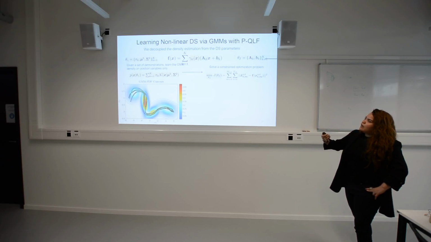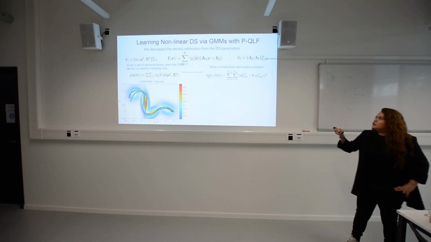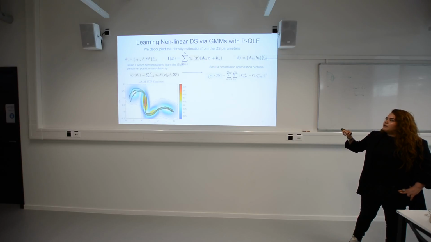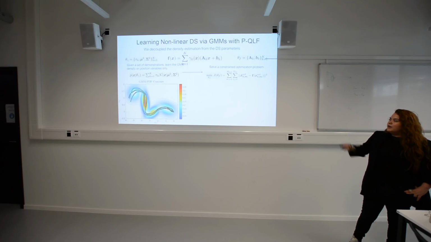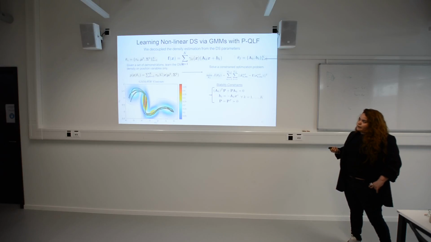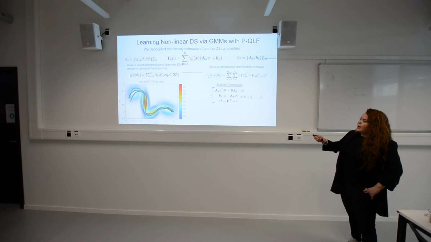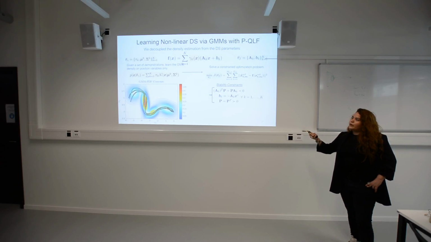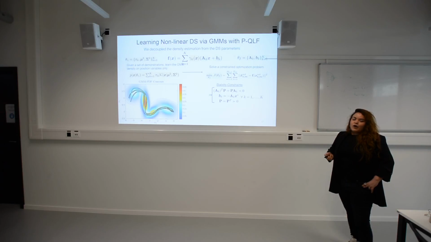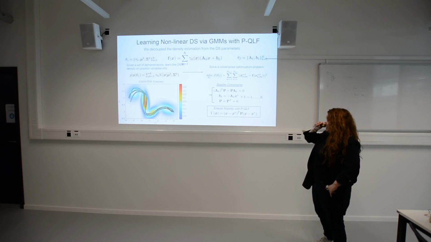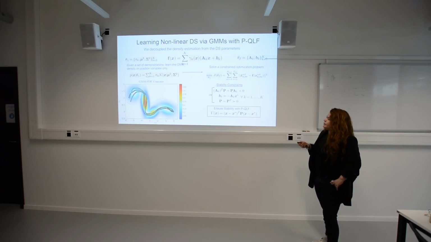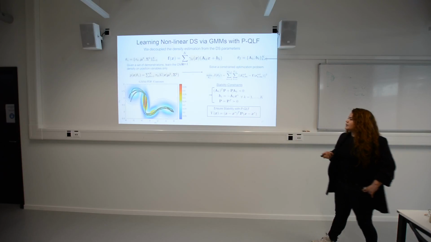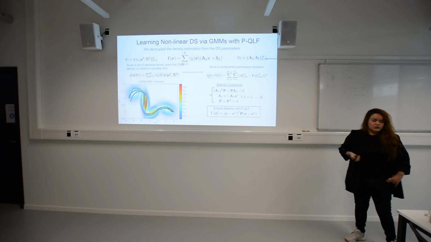And then we solve a constrained optimization problem to estimate the parameters of the independent dynamical systems by minimizing the mean square error, and by imposing these stability constraints, where we include now our P matrix here. So now we're ensuring stability with this parameterized quadratic Lyapunov function.